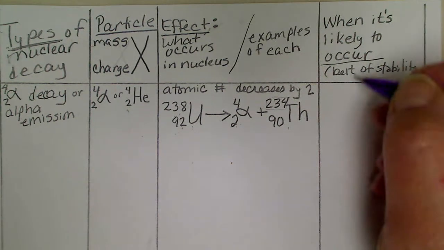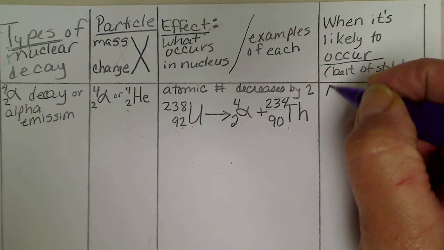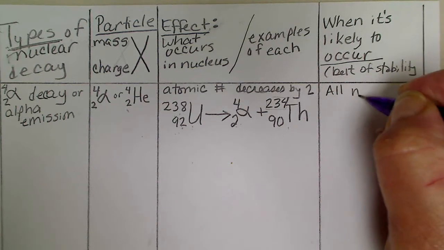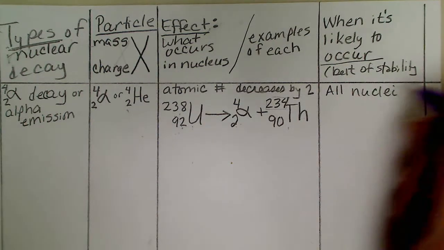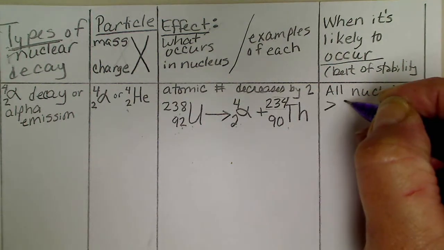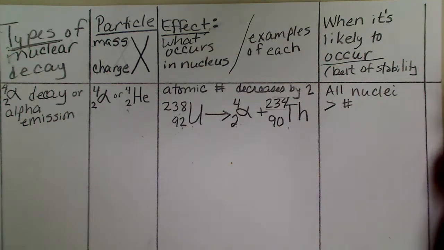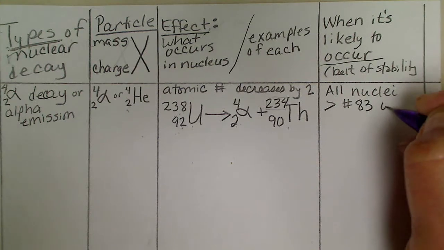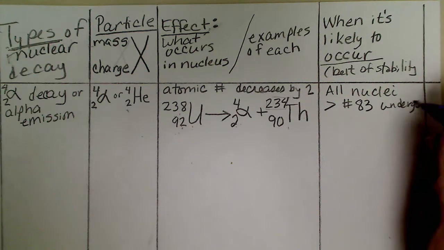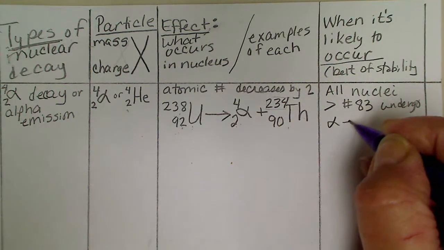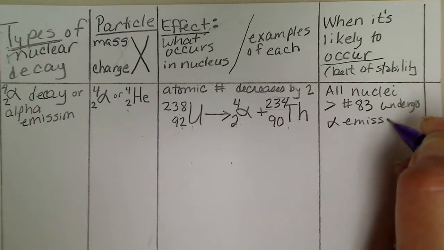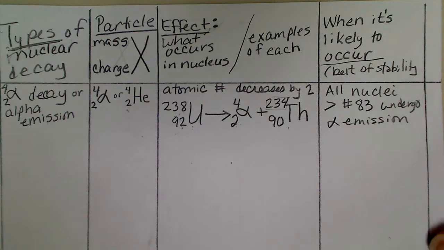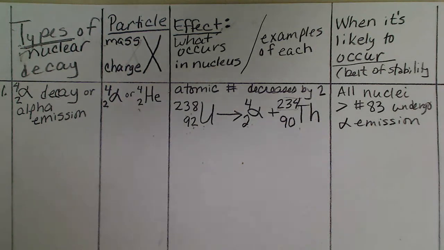When this is likely to occur, I'm just going to write all nuclei that are greater than element number 83, which is bismuth, undergo alpha emission. So there is some point where the nucleus is just too heavy.